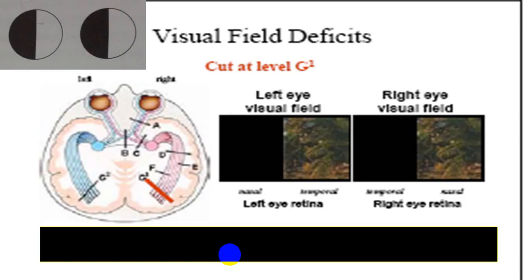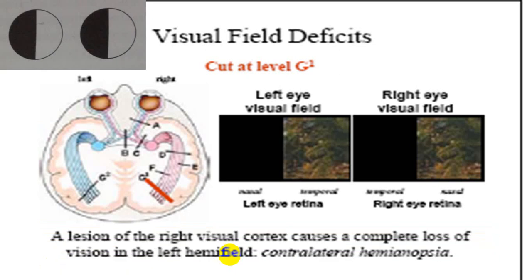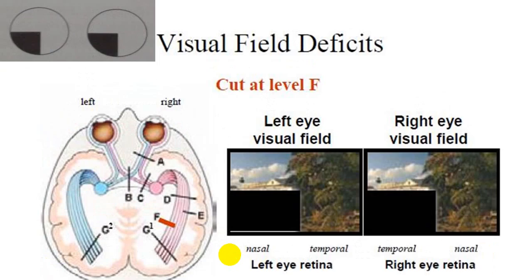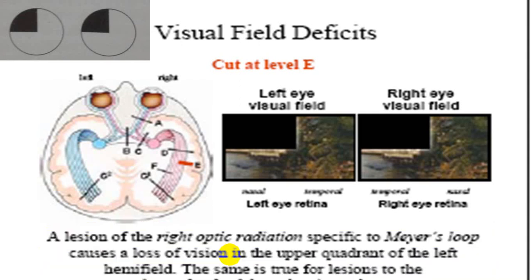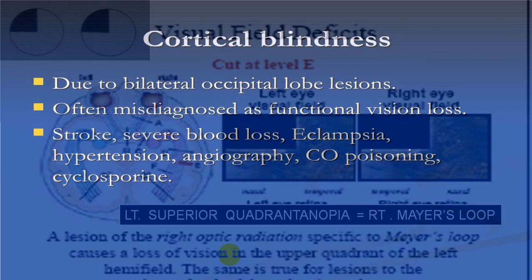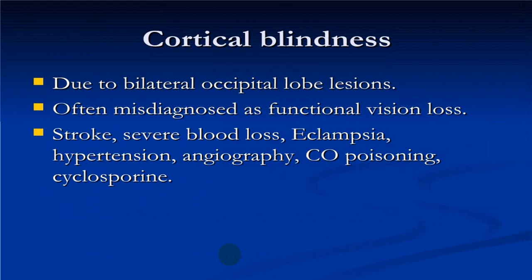This will be at G1 level. This is at F, that is inner fiber, lower quadrant, outer fiber, superior quadrant. This is superior quadrant, this will be Meyer's loop. So try to go through that.